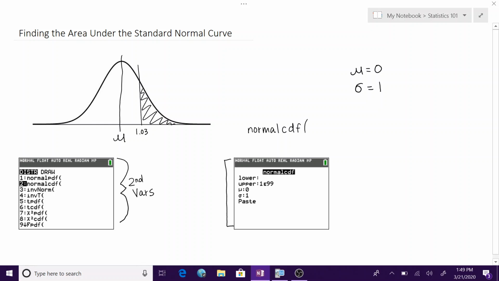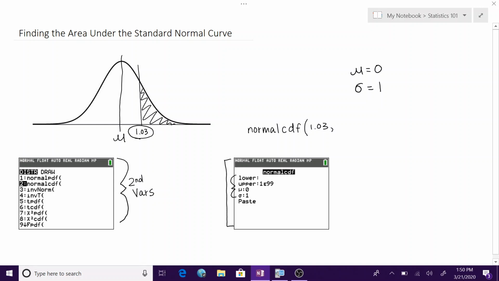If this happens, you're going to have to remember what your lower bound number is, your upper bound number, your mean, and your standard deviation, and also what order they go into. Now, for our lower bound number, we want to use the smallest number on our graph, which is the z-score that's given of 1.03.